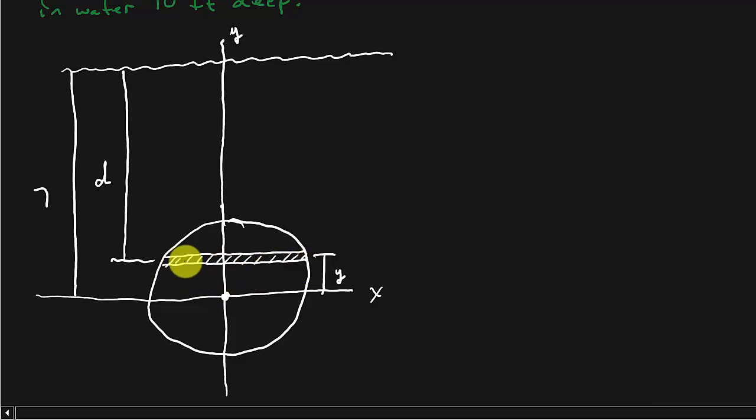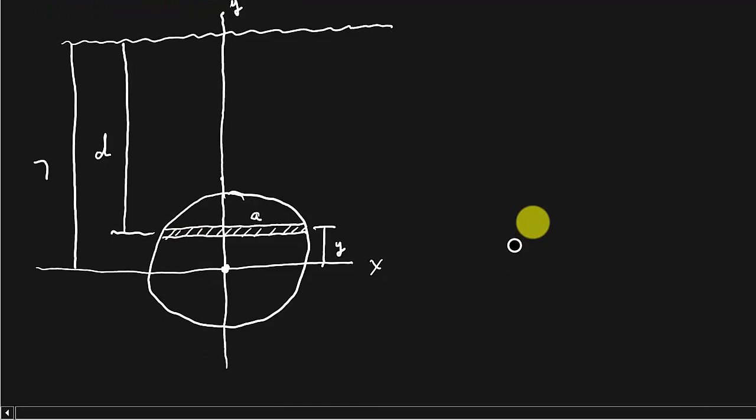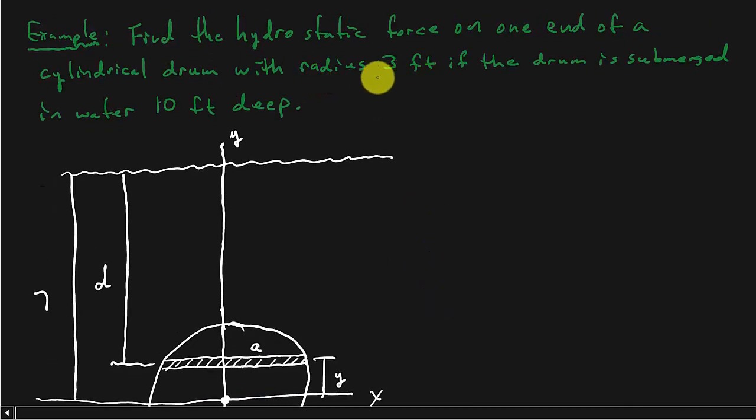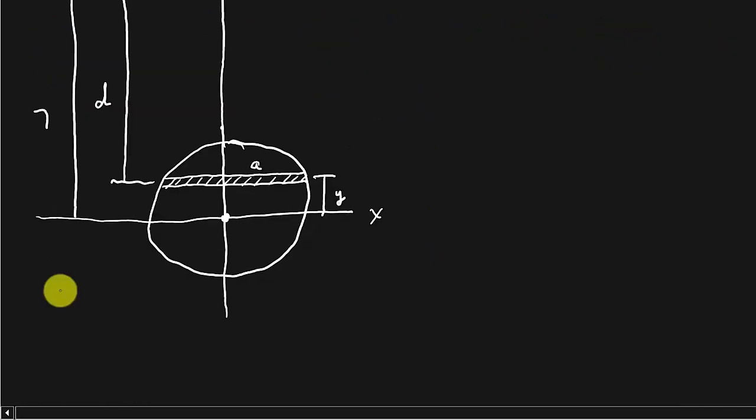And so I need the width of this strip. Once again, I'm going to look at just this half of it. And yes, I know my drawing doesn't look like it, but this distance is the same as this distance. So what's the equation of this circle? The radius is 3 feet, so the equation is x squared plus y squared equals 9.